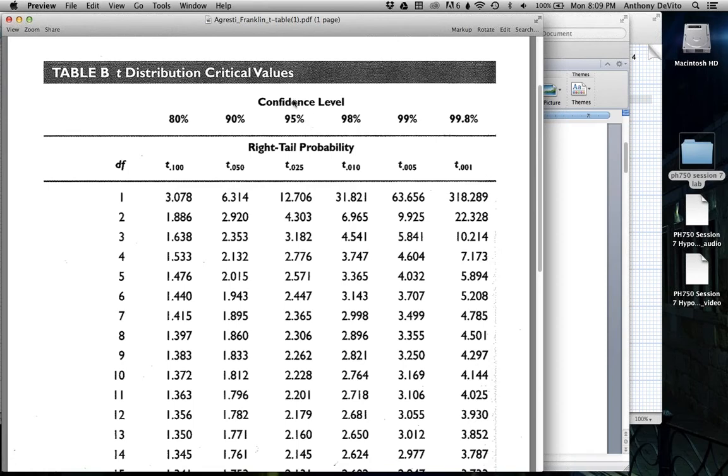Confidence interval 95%, right tail probability 0.025, 2.5%. Why is the right tail probability only 2.5% for a 95% confidence interval? That's the nature of the beast. When we take a confidence interval, we're 95% certain that the mean is between those two numbers. But there's a 2.5% chance it's below and a 2.5% chance it's above the range we gave.